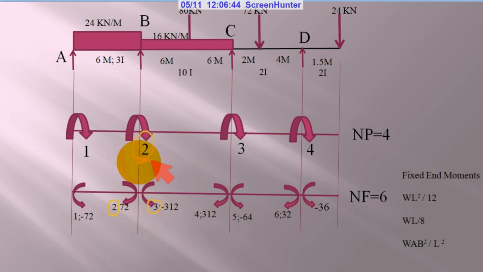So at rotation 2 there are 2 fixed end moments, which I have numbered as 2 and 3. So 2 rotation, 2 and 3 fixed end moments.